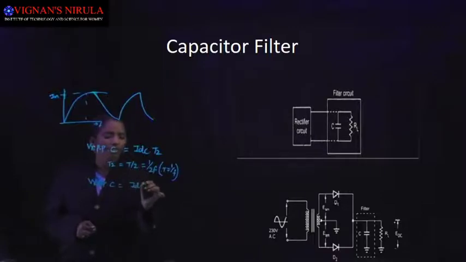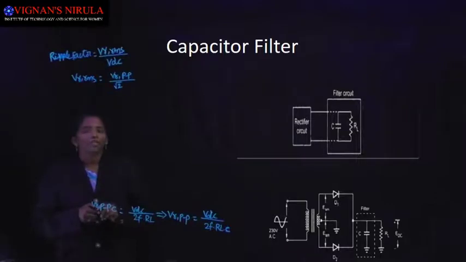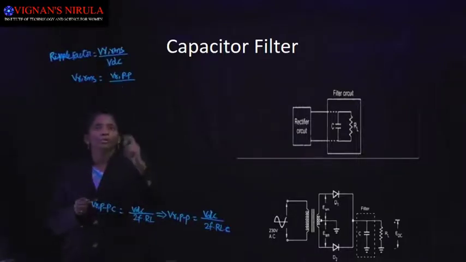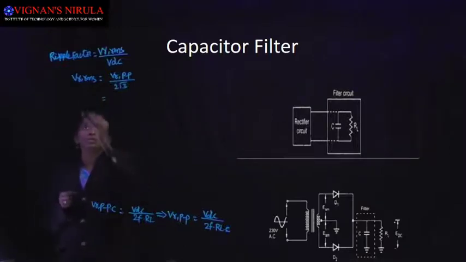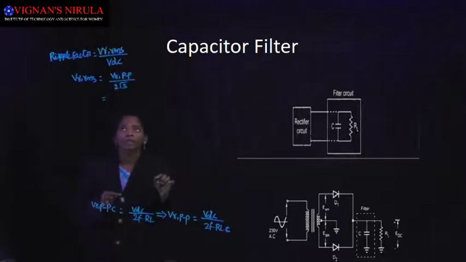IDC divided by 2F. VRMS equals VR peak to peak divided by 2 root 3. So what is the VR peak to peak value? Substitute these values in the ripple factor.